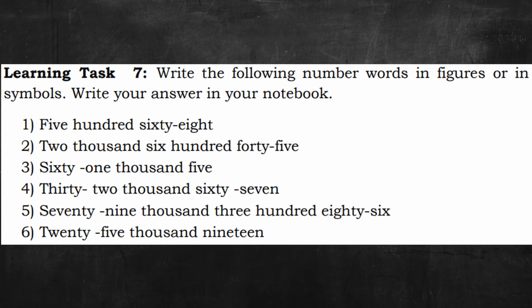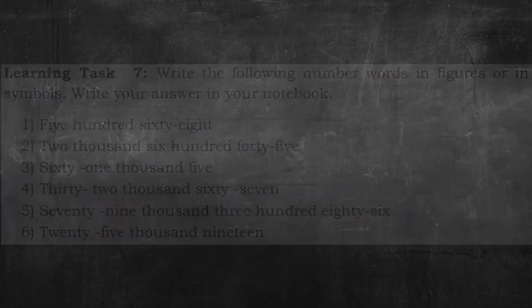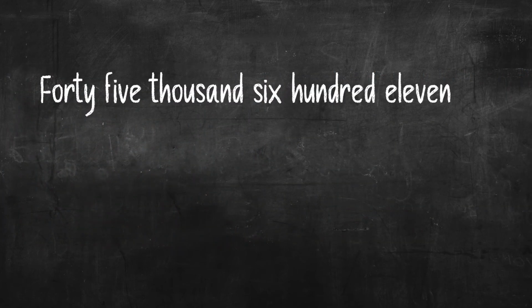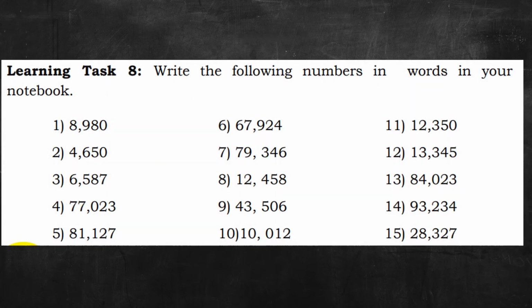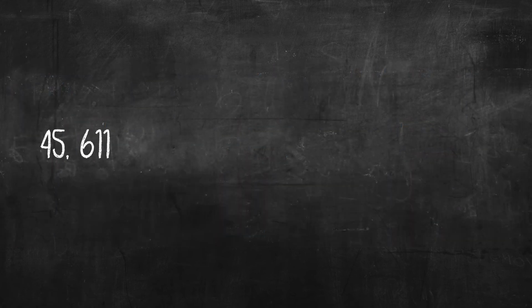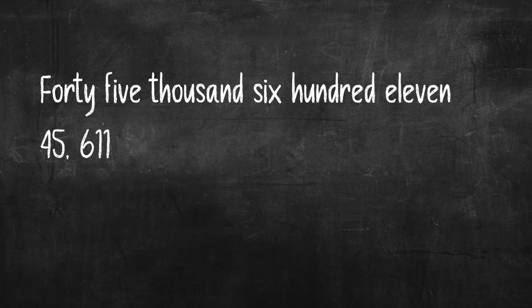Here is an example of this. 45,611, and the answer would be this. Next learning task. Write the following numbers in words in your notebook. Here is an example of this. You will write 45,611.